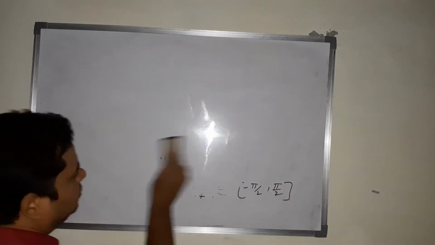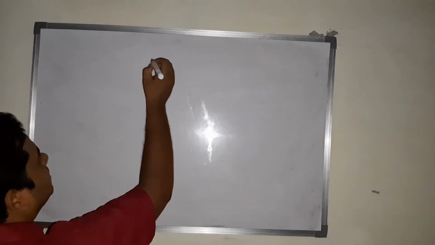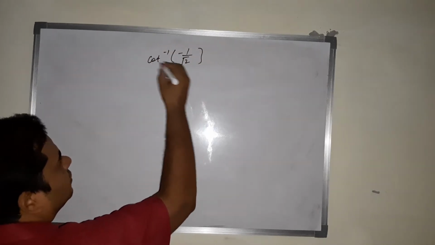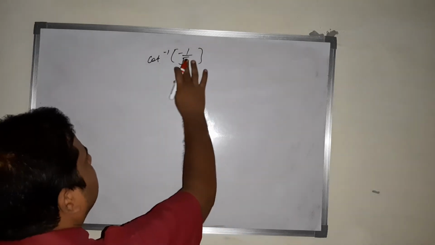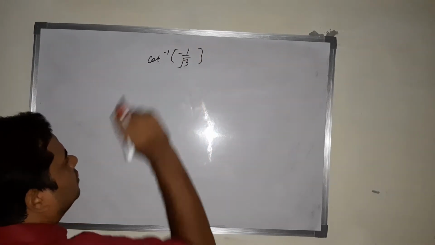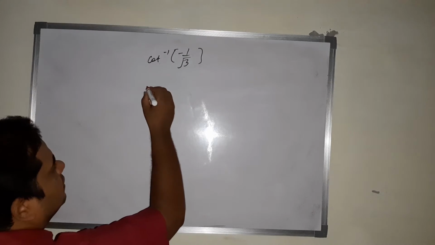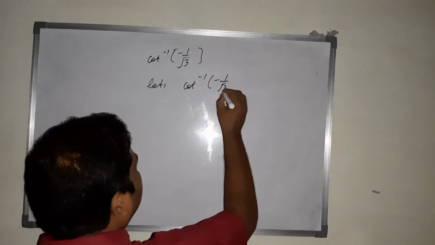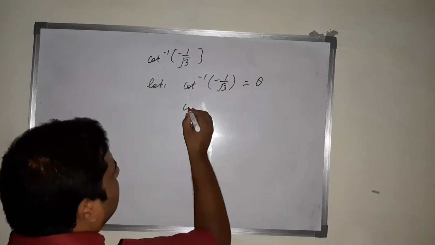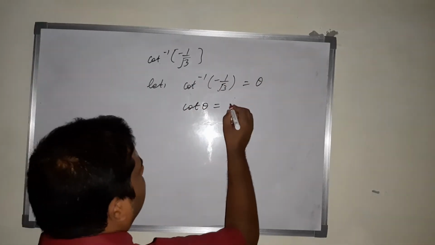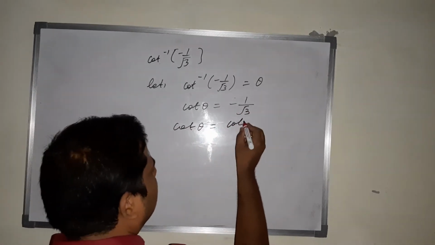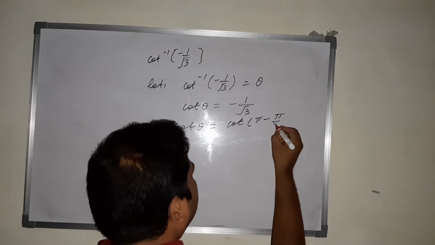Find the principal value of cot inverse minus 1 by root 3. So you have to see, for this, let cot inverse minus 1 by root 3 be equal to theta. So cot theta is equal to minus 1 by root 3. So cot theta is equal to cot of pi minus pi by 3.